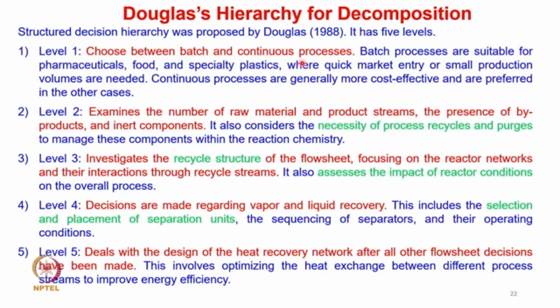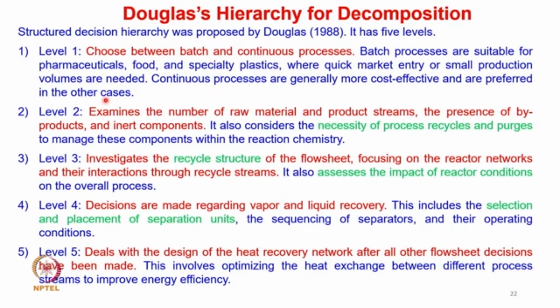Typically, batch processes are used for pharmaceutical, food and specialty plastics, where quick market entry or small production volumes are needed, whereas continuous processes are generally more cost effective and are preferred in other cases where a large amount of product has to be produced in a continuous manner and the demand is present over the years.